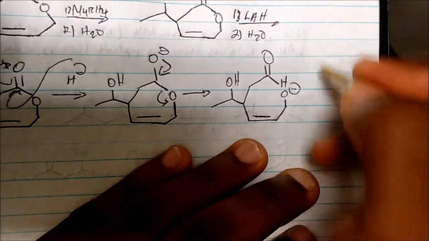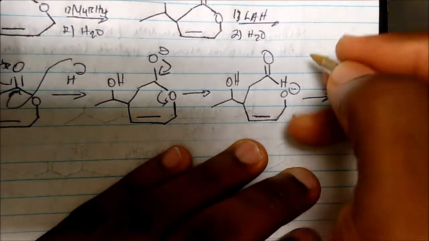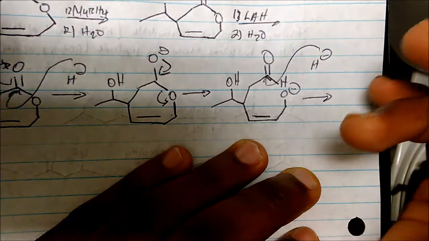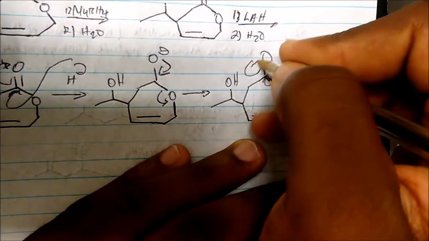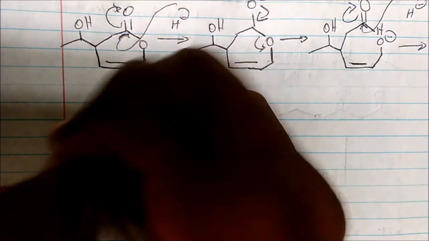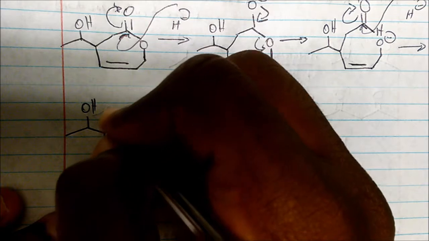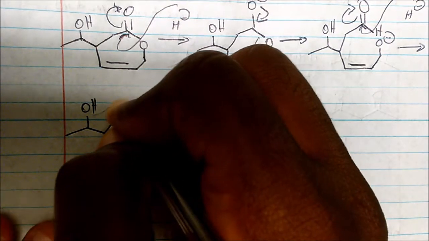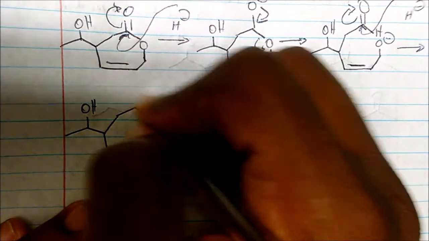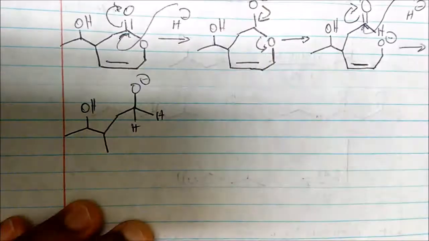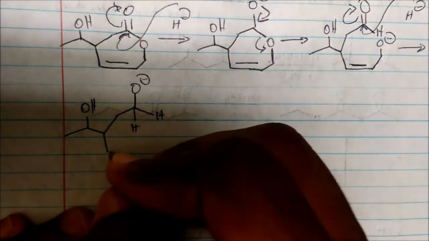Well, in the next step of the mechanism, another source of H minus comes in, attacks the slightly electrophilic carbon, kicks off the bond on the oxygen, and we get something that looks like this. Now we have two hydrogens as a result of that attack, and now we have an oxygen that's negatively charged.